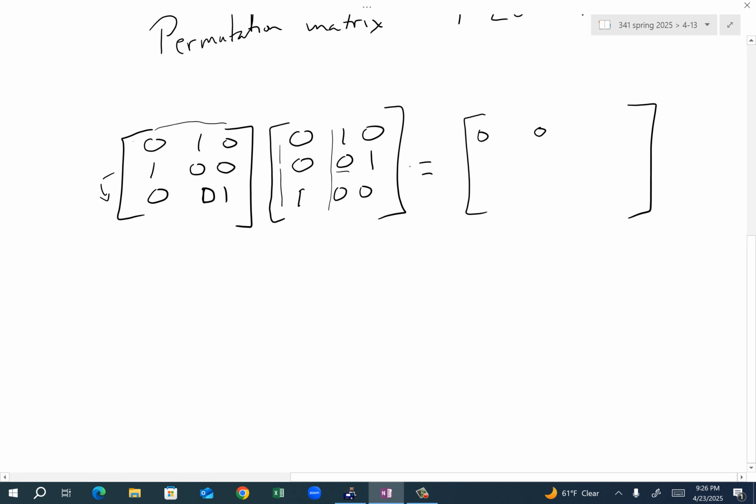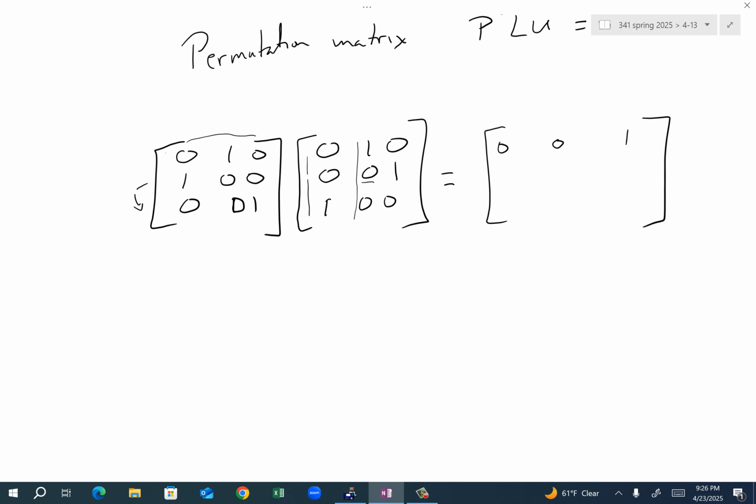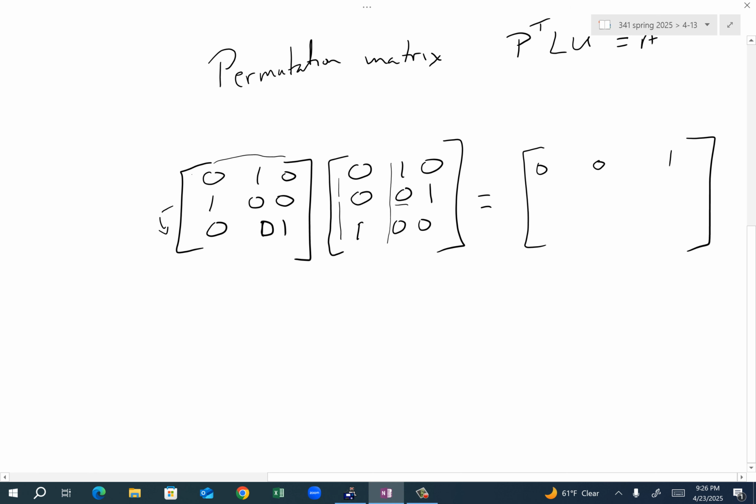And then the last one's going to give you a 1. Something's a little screwy there. Hang on to that thought. The next one down is going to be 0, 0, 0, 0. The next one down is going to be 1, 0. And then the next row is going to be 0, 0, 1. And so the bottom one has to be this.